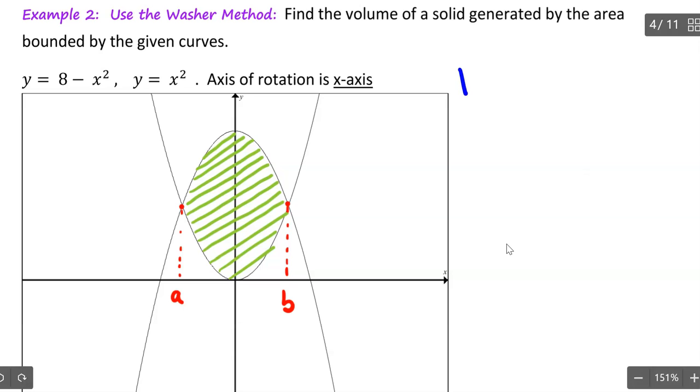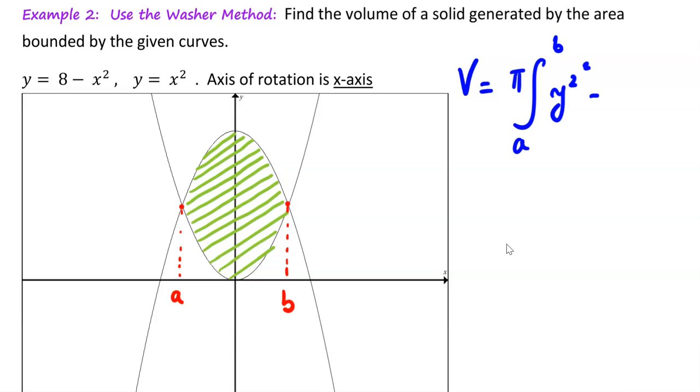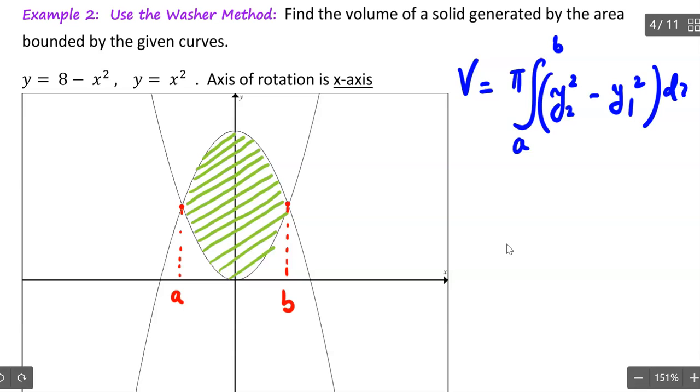I will use V equal to pi integral from a to b of y2 squared subtract y1 squared, and this is in terms of x.